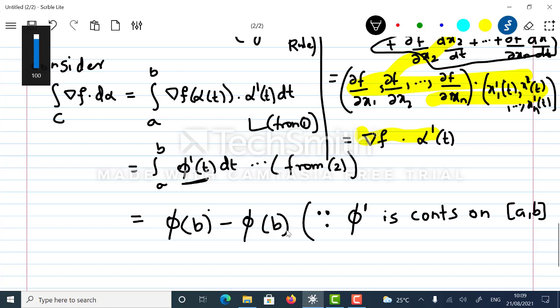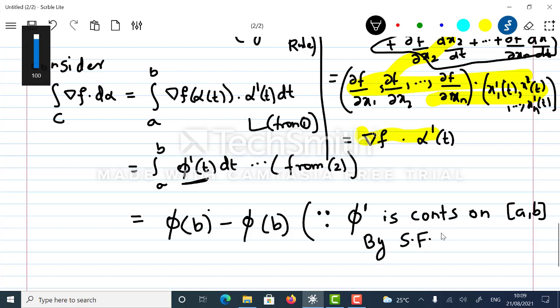So if it is continuous, it is Riemann integrable because it is bounded. So by the second fundamental theorem of integral calculus, we can write down this phi of b minus phi of a.